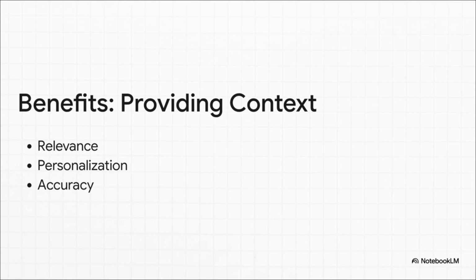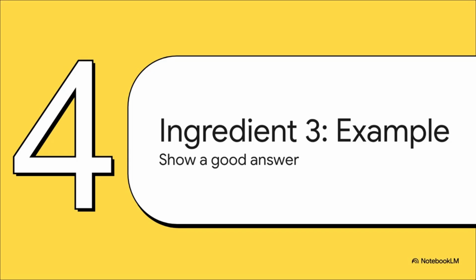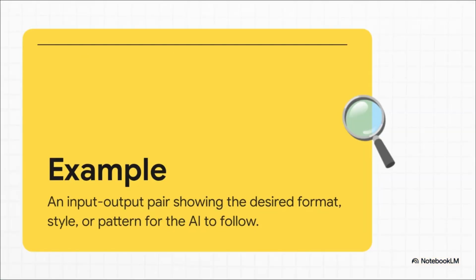Now coming to our third ingredient, which is the example, and this is basically the "show, don't tell" method for AI, and let me tell you, it is so powerful. The example is basically a template. You're giving the AI a super clean and clear input-output pair showing it exactly what a successful result looks like, and this takes all the guesswork out of the equation.